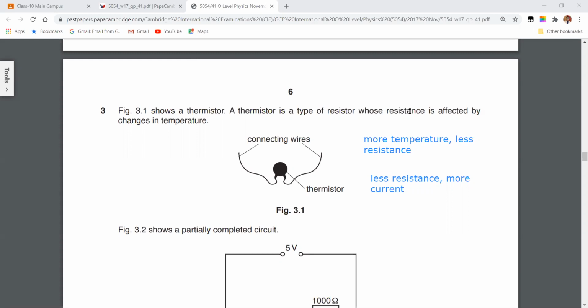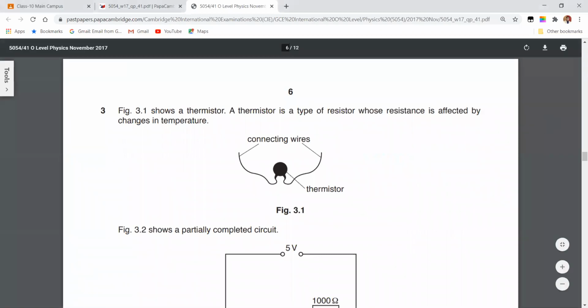If there is more temperature in the thermistor, then there will be more current in the circuit. Okay, then scroll down, please.